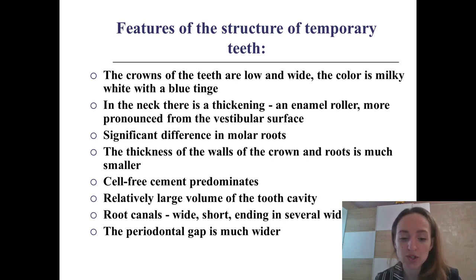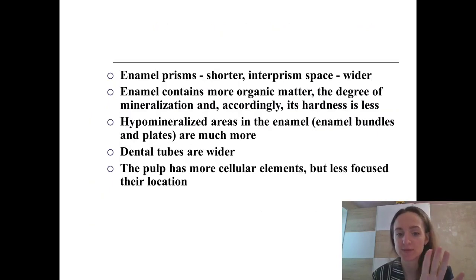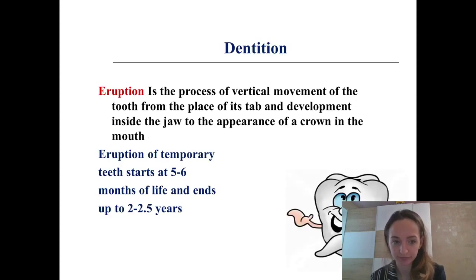Root canals are wide, short, ending in several wide apical holes, and the periodontal gap is much wider. Enamel prisms are shorter. Enamel contains more organic matter, with a lower degree of mineralization, and there are hypermineralized areas of the enamel, and dental tubules are wide. The pulp has more cellular elements but less focused in their location.